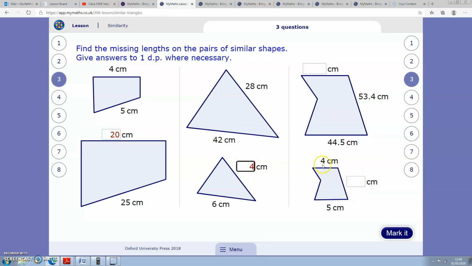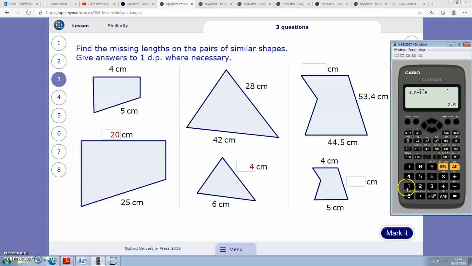This one here is 4 across the top, 5 across the bottom. How do I get from 5 to 44.5? I'm going to do 44.5 divided by 5. And that gives me 8.9. So my scale factor is 8.9.